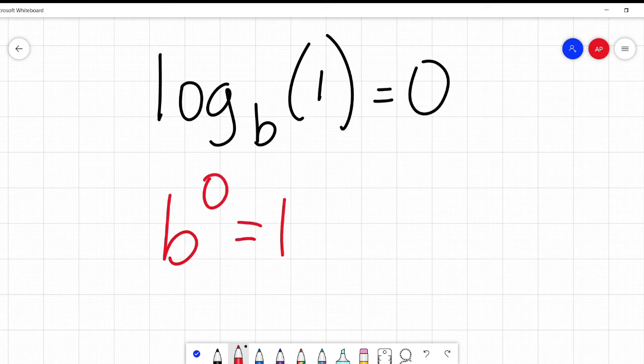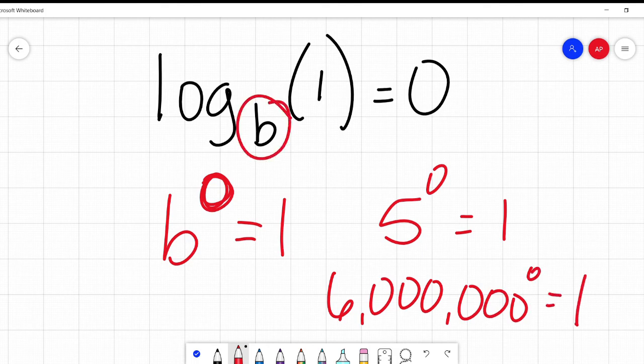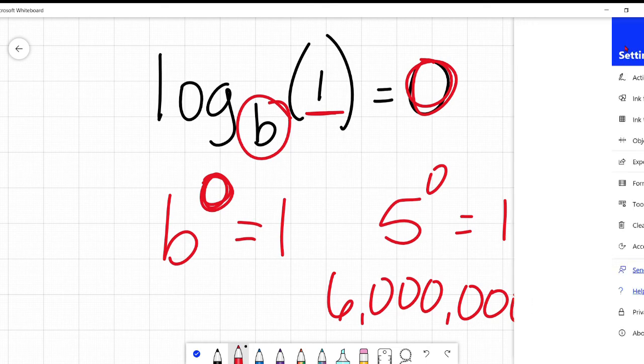And if you'll recall from my videos on exponents, any number to the power of 0 equals 1. 5 to the power of 0 is 1. 6 million to the power of 0 equals 1. So log base b of 1 is always 0. Straightforward enough.